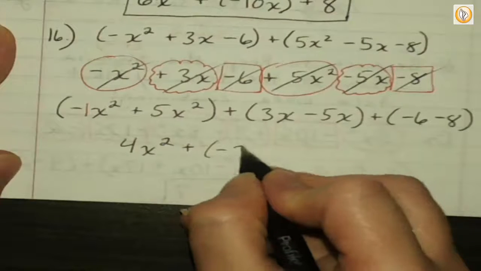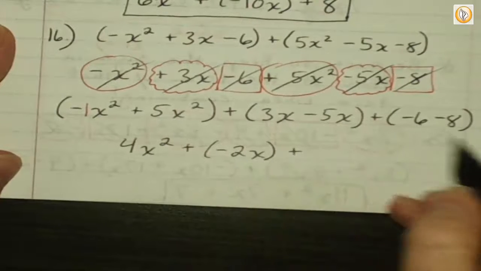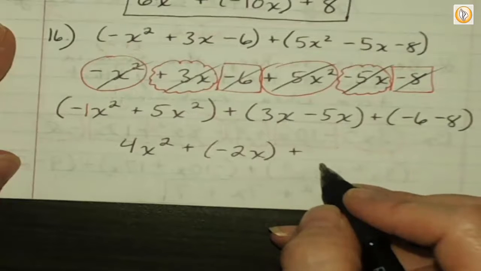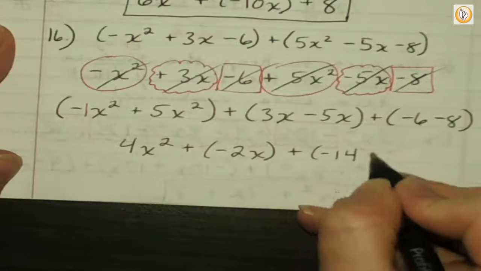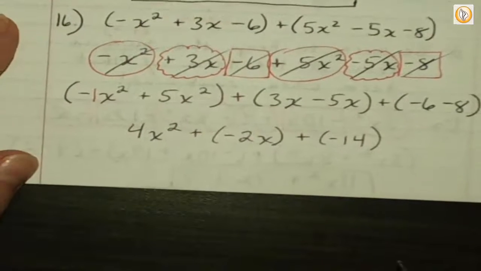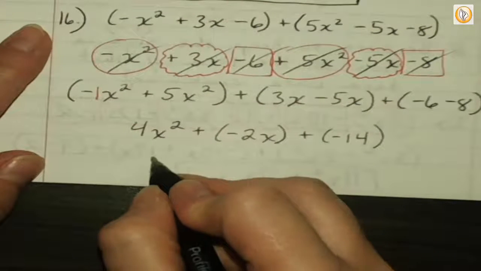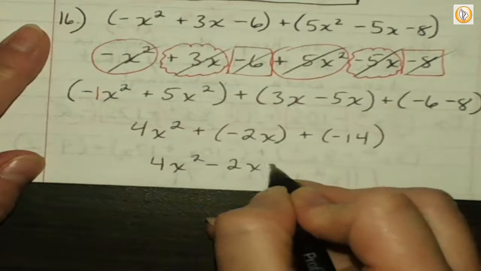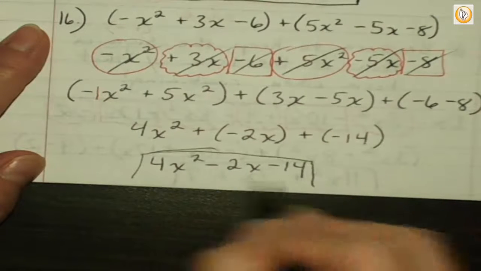Very good. And then negative 6 and negative 8. Negative 14. There you go. Now you can rewrite this as 4x squared minus 2x minus 14. It's the same thing.